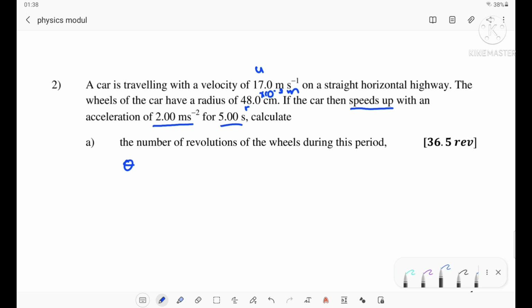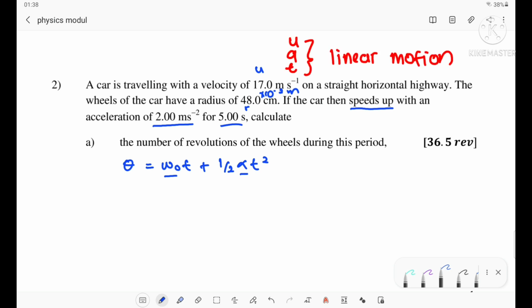So we're going to use the third equation. Theta is equal to omega naught t plus half alpha t squared. That means you need to calculate omega naught and alpha to solve this question. But from the question we are given u, a and t, so you need to calculate omega naught first.